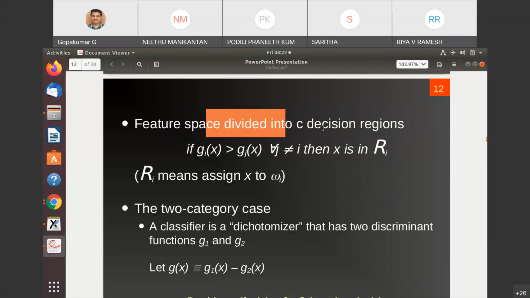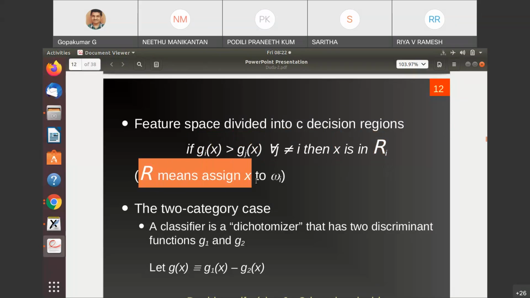That is an important point, as we have just seen with R1 and R2 in the previous case. Suppose gi of x is greater than gj of x for all j not equal to i, then we say that the given feature vector lies in the region Ri. So it can be R1, R2, or R3. That is a meaning that should be kept in mind.